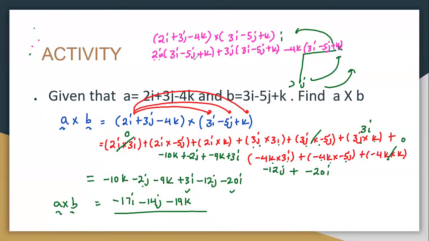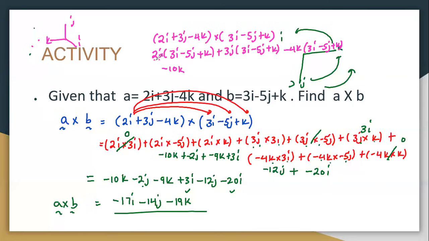No, you are going to consider the numbers too. So I would say 2 times negative 5 is negative 10. Then I say I cross J. What do I get? That is k. So here I'll say that is negative 10k.